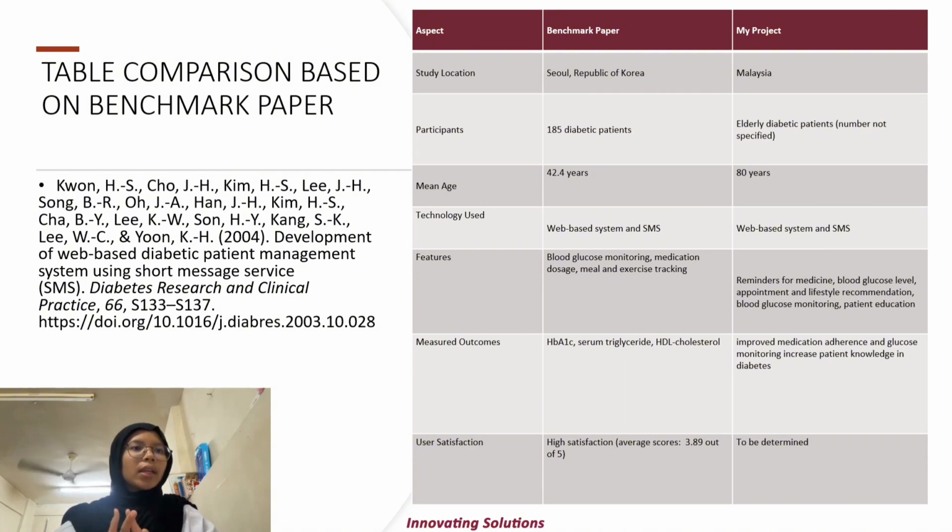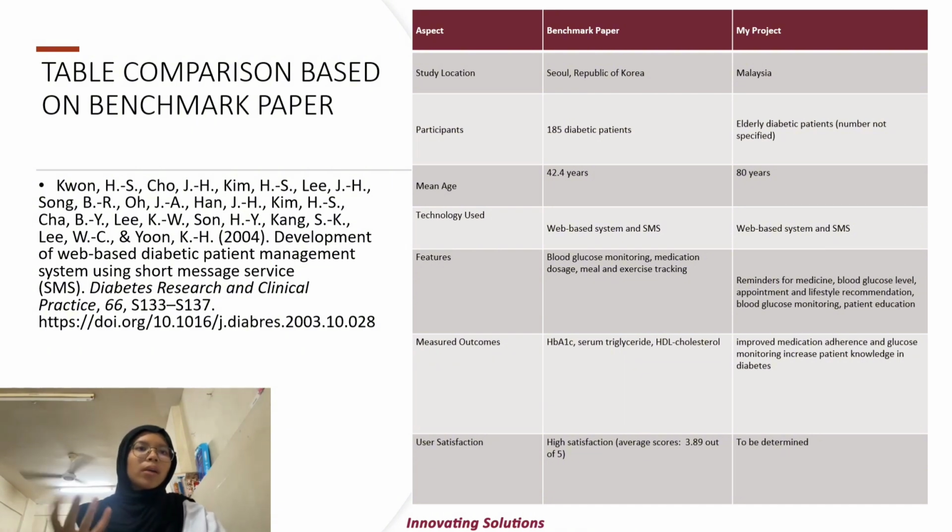And then the settings for lifestyle recommendation, blood glucose monitoring, and patient education. So patient education is through lifestyle recommendation. I have 3 sub-topics, which are cleanliness, diet and exercise.